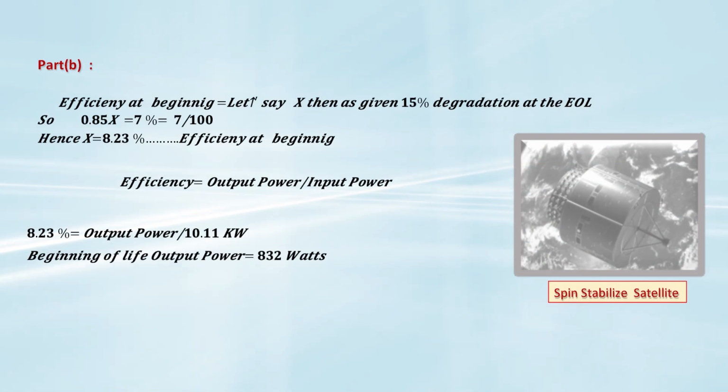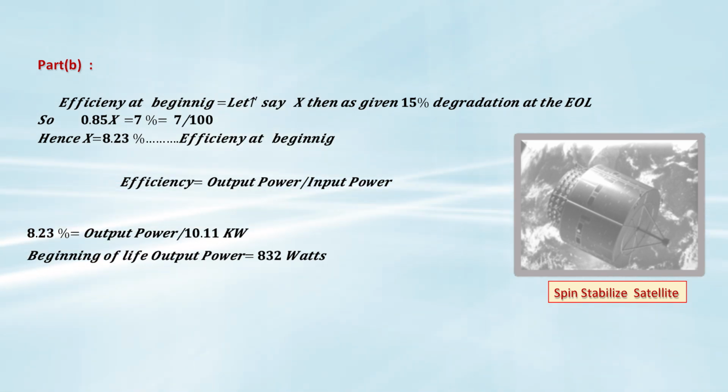Then in part B, efficiency at the beginning of life. So, let us say x is the efficiency at the beginning. Now it is said to consider 15% degradation at the end of life. So, x will become 0.85x, and that will equal the 7% end of life efficiency.